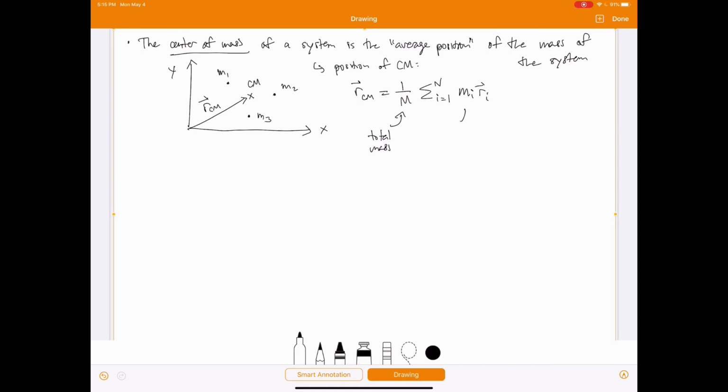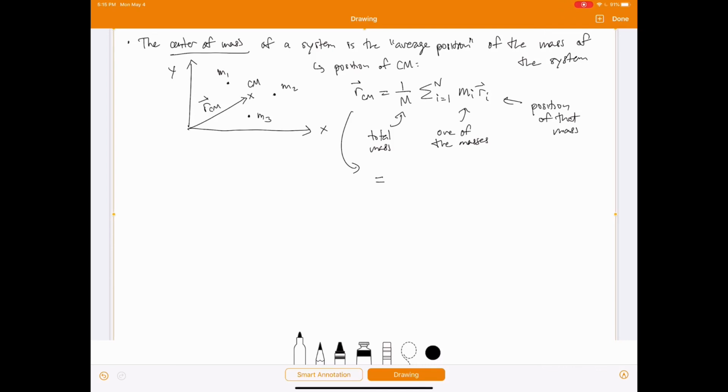Okay, so this is one of the masses. We use little m. And when we say r_i, we're talking about the position of that mass. Okay, so that's how we write it in sort of a compact summation notation.